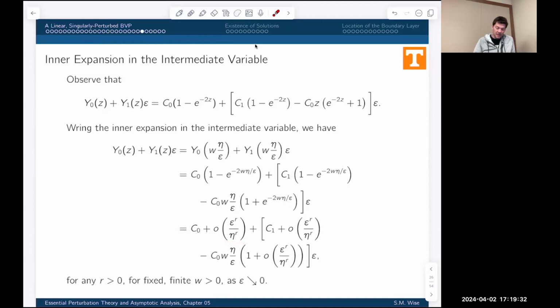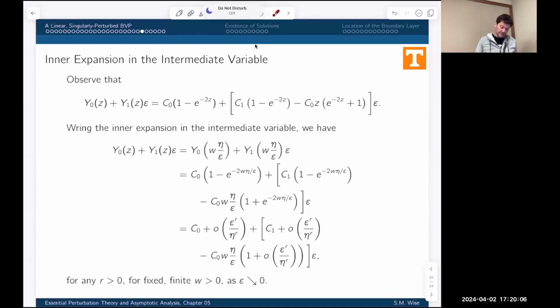It means it's little o of e to the r over eta to the r, because that's the prevailing term in there, for any value of r. As long as r is big enough, this is always going to be smaller than little o of epsilon. You might need to convince yourself that that's true, but it is true. All of these terms are going to be smaller than little o of higher order terms, smaller than little o of epsilon as epsilon goes to 0, as long as r is large enough.